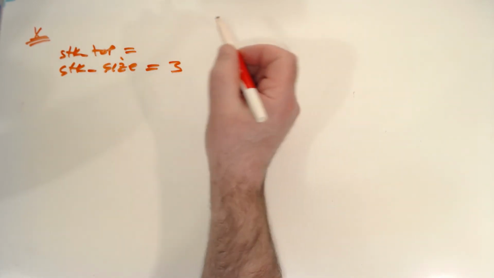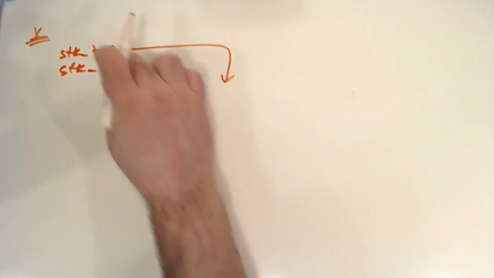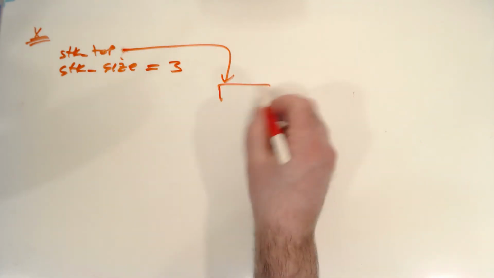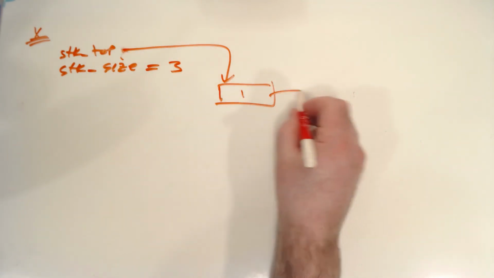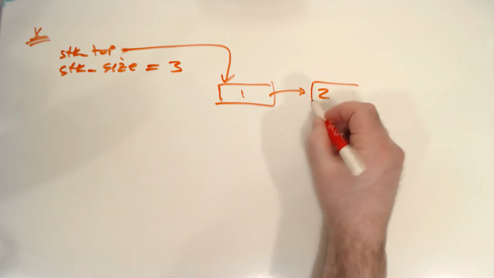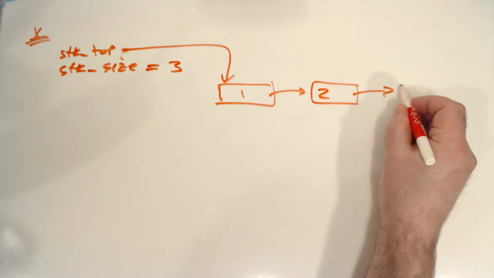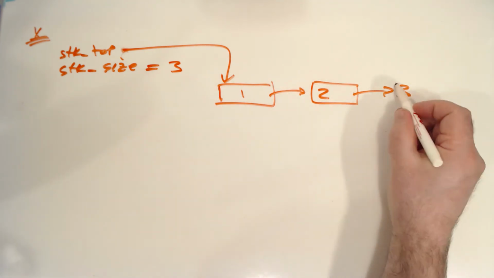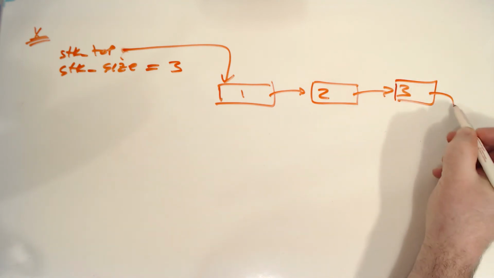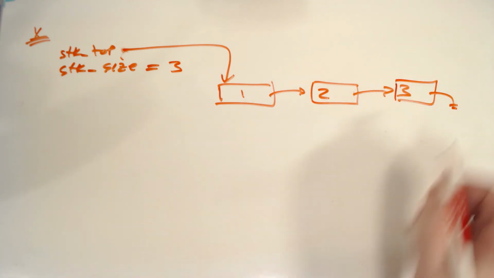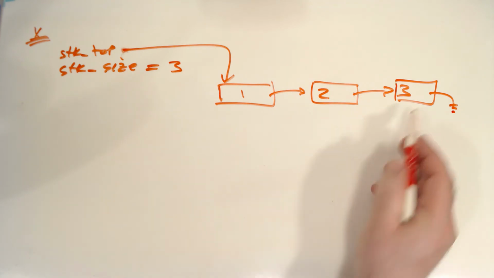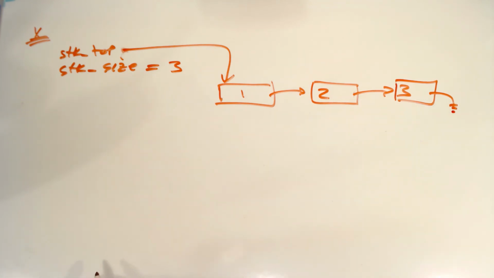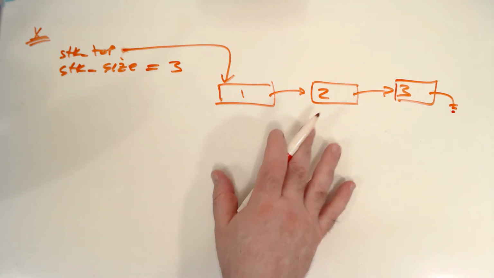Stack top is a pointer, so I'm just going to say it's a pointer to a node. Right, so maybe it looks like this, and it has a 1. It might have a 2, a 3, or we set this to 3, so this has to have 3 nodes in it. Otherwise, it's not valid. The one on the end has a null pointer in it.